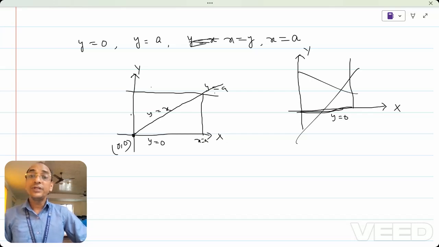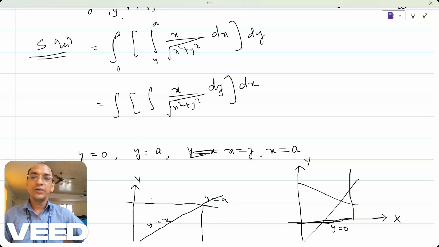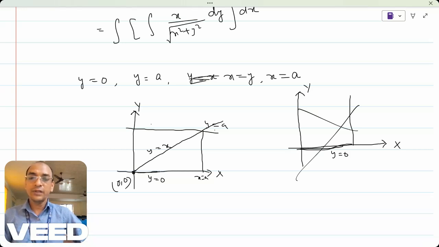Now which region do we want to find the area of, which is the required region? The required region must be bounded by y equal to 0, y equal to a, and x equal to y, x equal to a. So you see that y equal to 0 is this line, x equal to a is this line, y equal to x is this line.